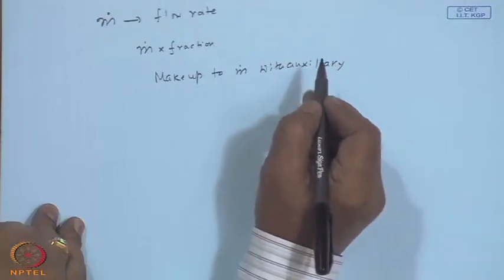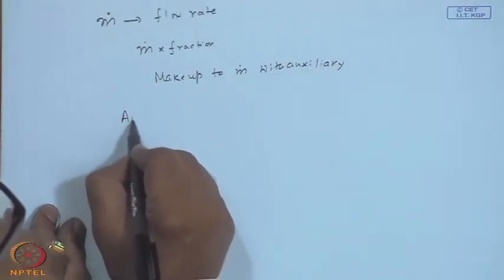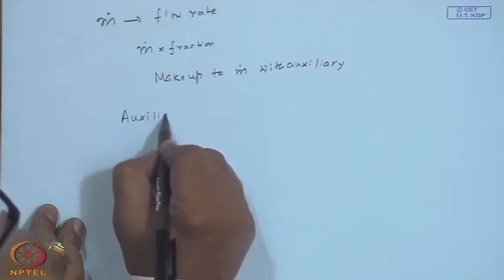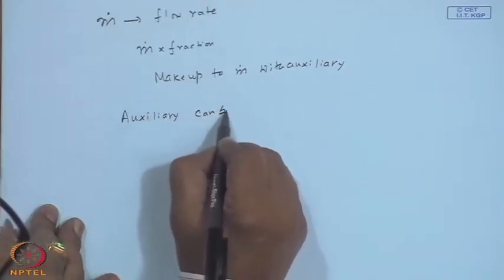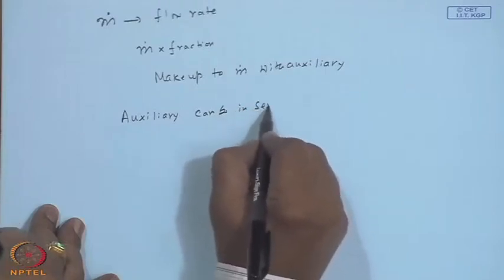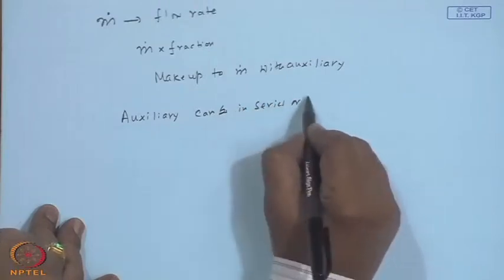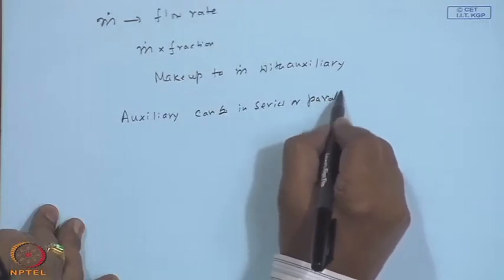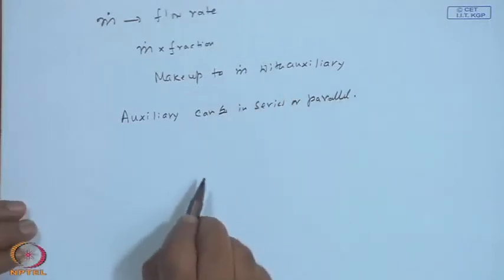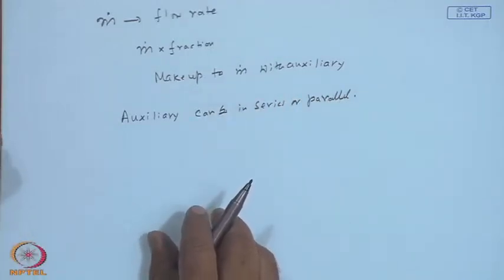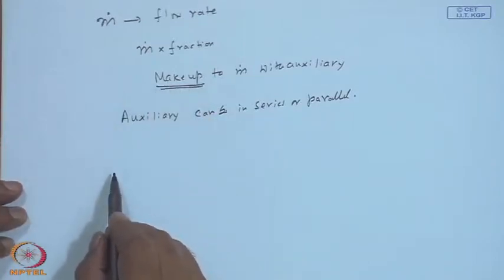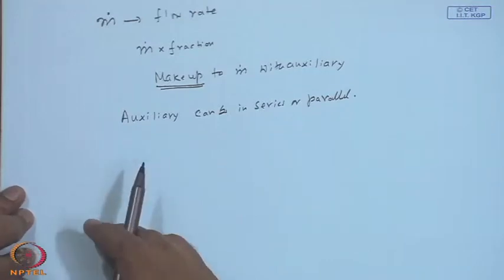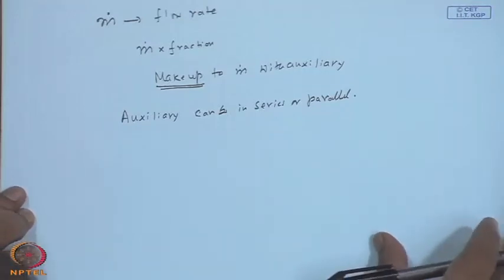So, I have shown here this so called auxiliary, which can be in series or parallel. Okay. So, if it is parallel, generally it is more convenient to do this makeup business, and if it is in series, it is easier to match the quality.